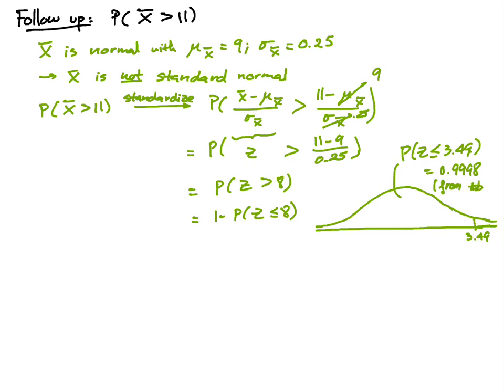This is from the table. So if we move to the right of 3.49, this probability is going to be larger and larger. So the rule is whenever we go past 3.49, we're going to treat that probability as 1. In other words, the probability that z is less than or equal to 8 is going to be 1, and so this is going to be 0.